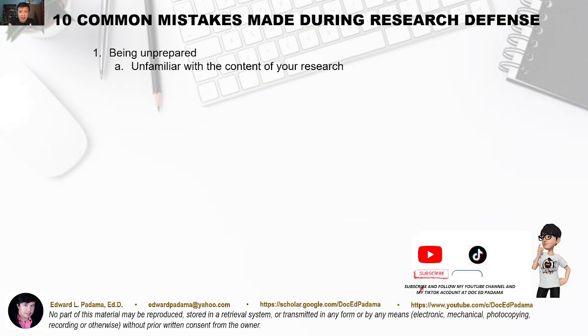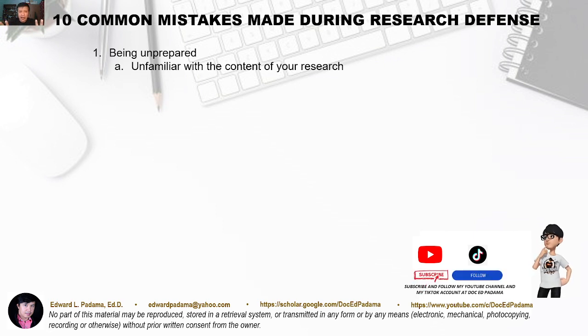Again, the manuscript is the printout, the copy of your research that includes the content until the result of your research. So make sure that you are familiar with every part of your research paper, from the cover page up to the last part of your research paper.